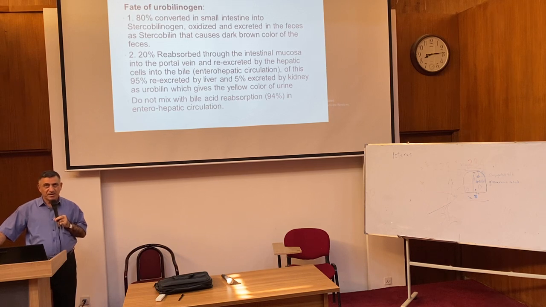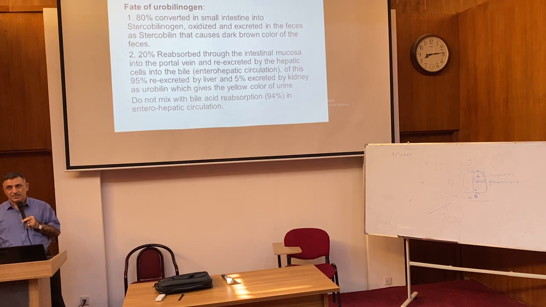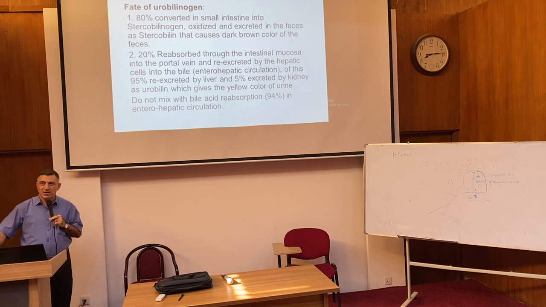And 95% of it is re-excreted. The other 5% is excreted through the kidney in the form of urobilinogen and urobilin. Urobilin also gives the yellow color of the urine.